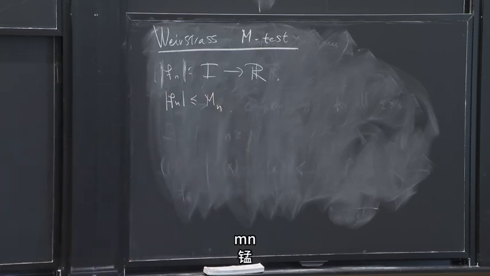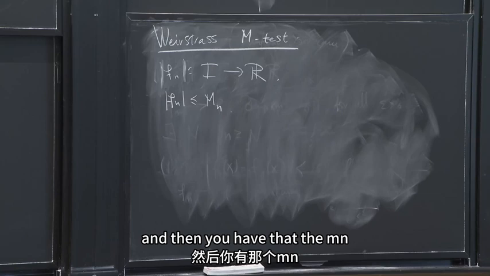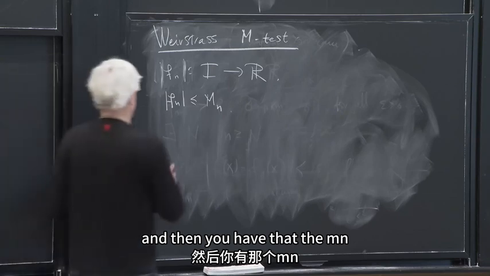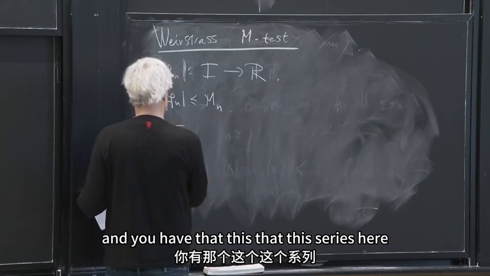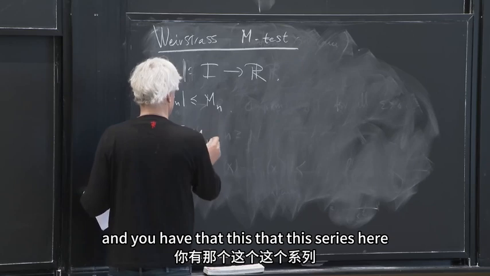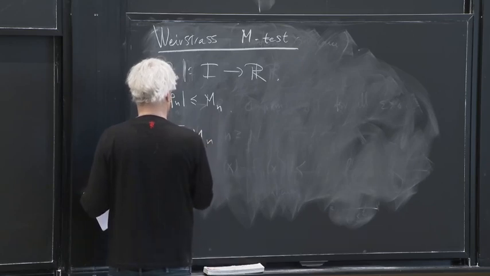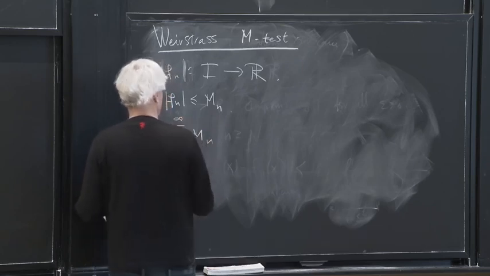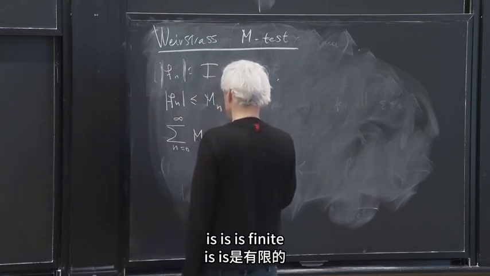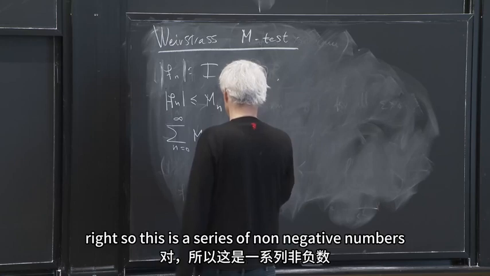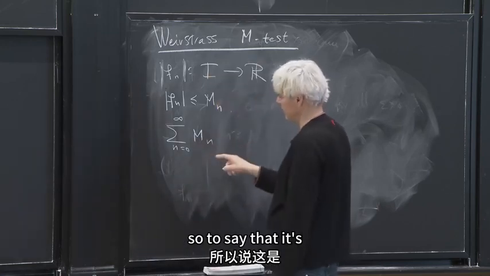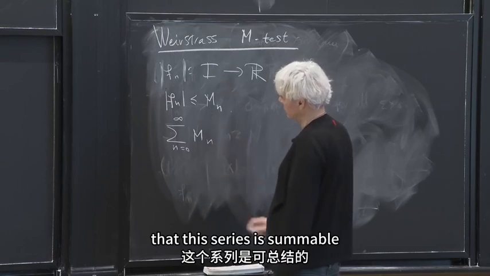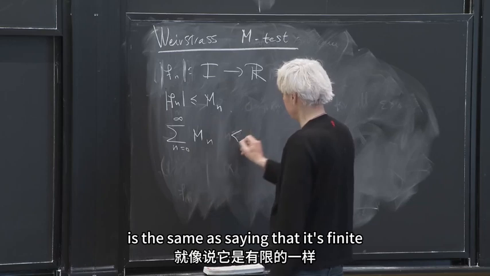constant M_n, and these are clearly non-negative numbers, and you have that this series, the sum of the M_n, is finite, right? So this is a series of non-negative numbers, so to say that this series is summable is the same as saying that it's finite.